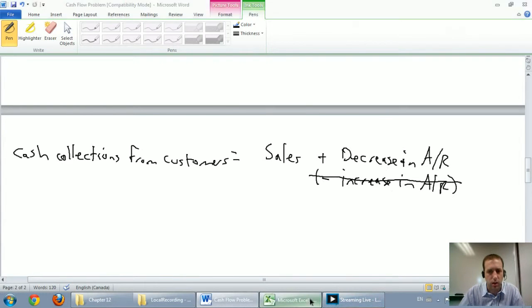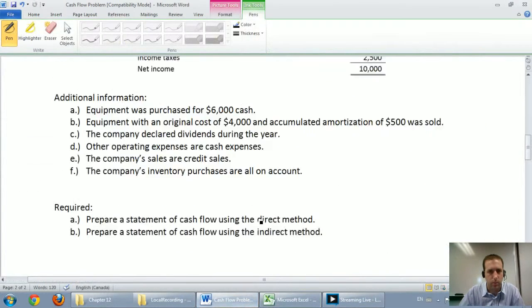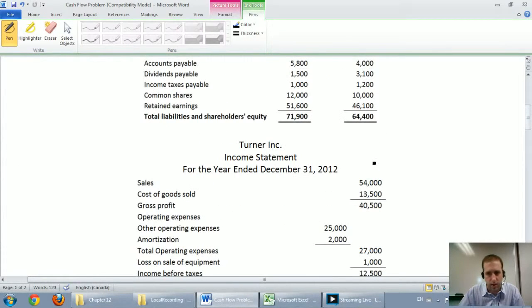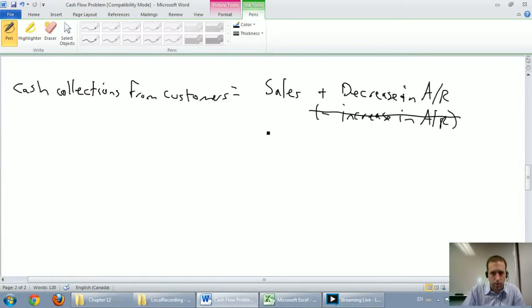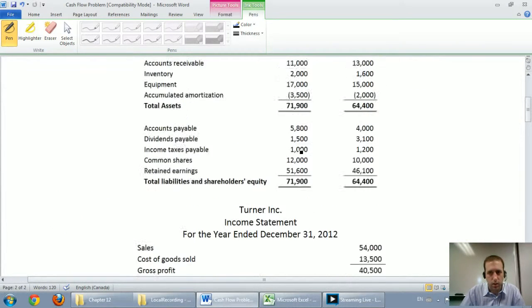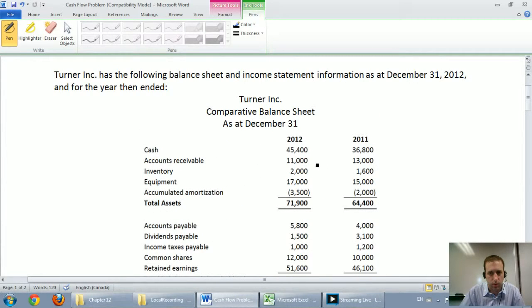So let's take a look at our problem. Back to the problem, rather. Our company's sales was $54,000. So I'm just going to note that. Sales, $54,000. Decrease in AR, accounts receivable, went from 13 to 11. It did decrease, so it's going to be decreased by 2,000. 13 last year, 11 this year.